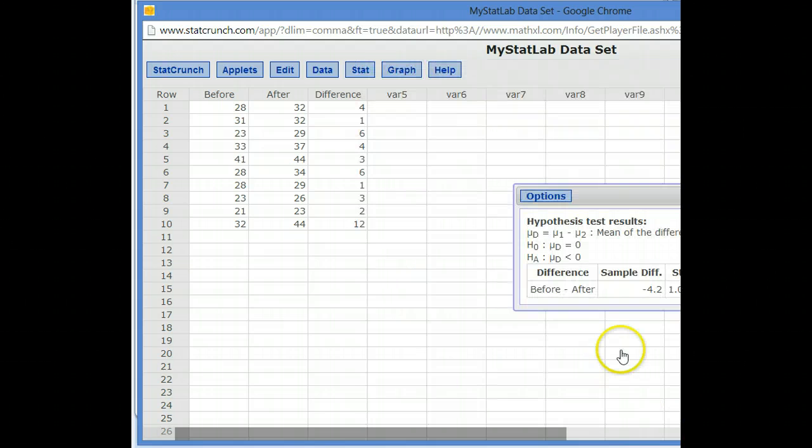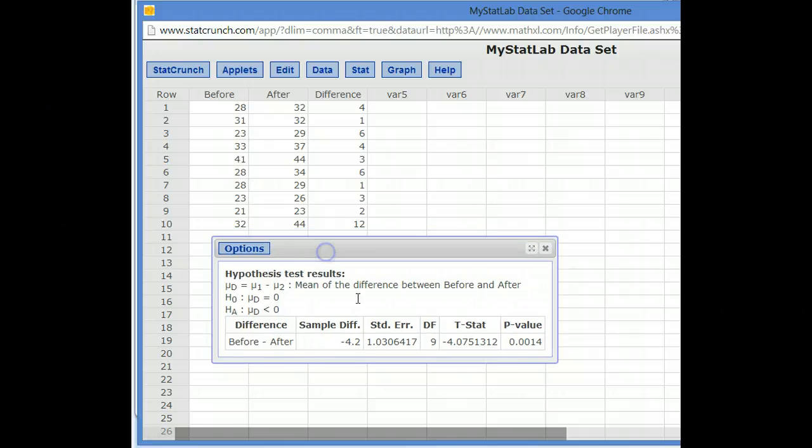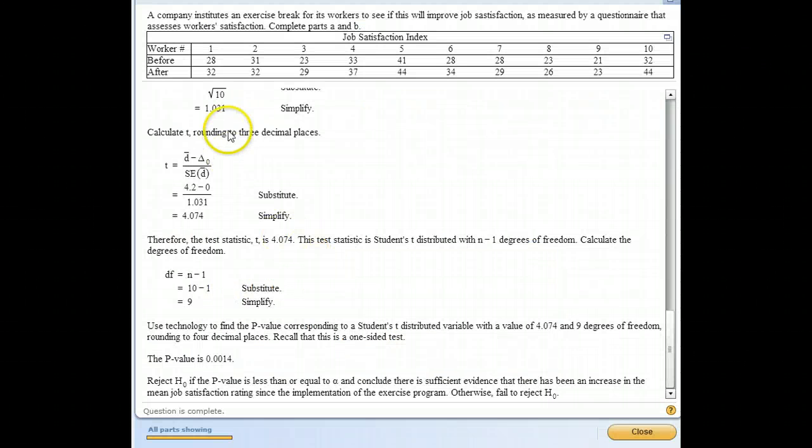So if we hit compute here, StatCrunch spits out this information, and the p-value is 0.0014. Degrees of freedom is 9, and that's what they did here manually. And the conclusion is that we can reject H0 since the p-value is 0.0014, which is less than alpha.